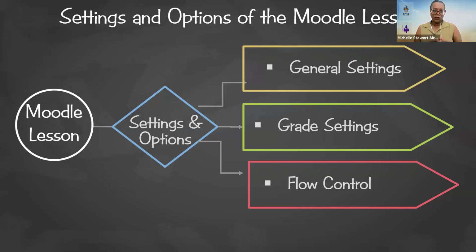So after they have gotten the question that we have posed correctly, do we have them proceed to the next content page, or do we take them to a page that shows some kind of feedback, or do we take them to a question page? So we can make that kind of determination, which impacts the flow of the lesson.